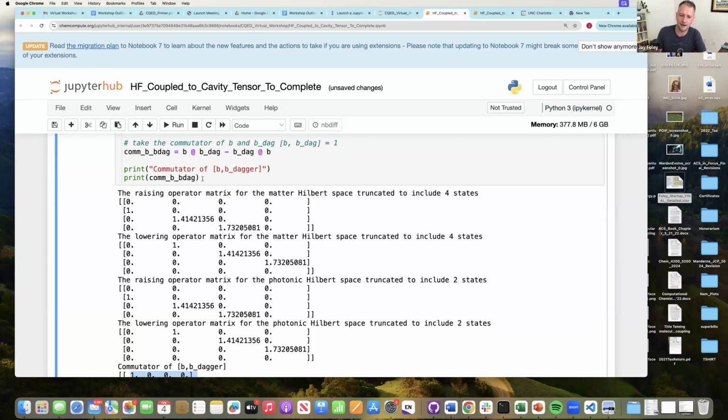We're by no means the first to observe this. It is a well-known fact that when we have commutation relations for operators and then build matrix representations of those operators on a finite basis, we do not recover the exact commutation relations. The same thing would happen if we built matrix representations of the momentum and position operators and took commutators.